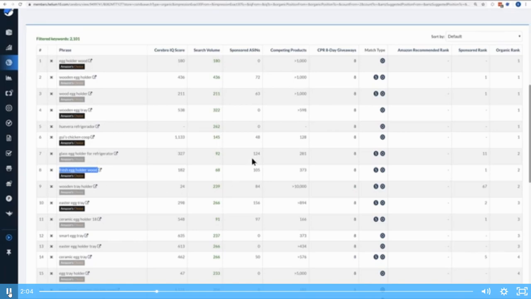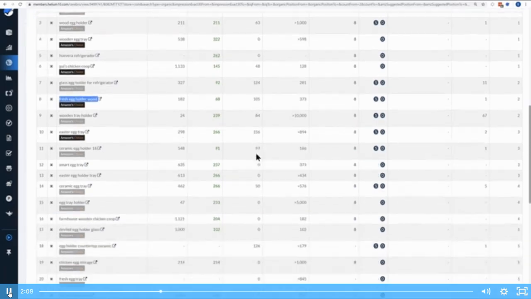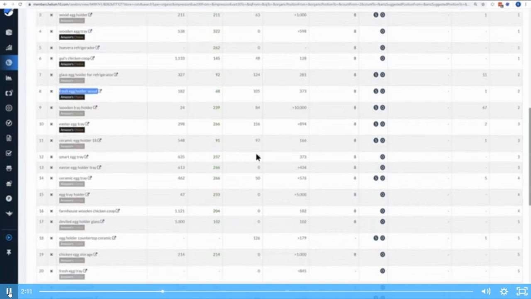Why would you want to know how to prioritize this? Well, you can only put so many keywords in your listing. Also, the majority of sales come from a small number of keywords. So you really want to know, what should I focus on for my sponsored ads? What should I focus on to try and make sure I get to page one for? And which keywords should I spend the most money and most focus on?